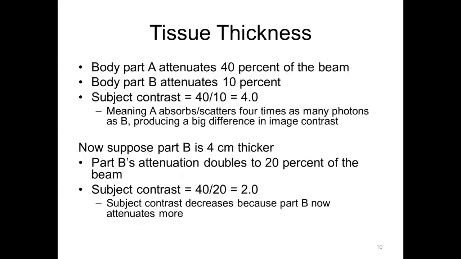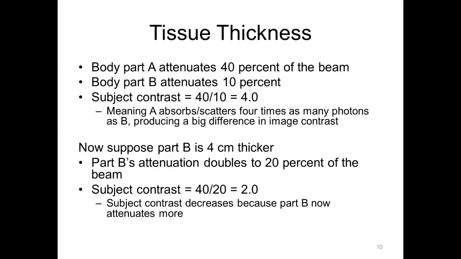So your textbook has an example for part thickness, kind of going back to figures 12.1 and 12.2 in terms of the ratio of subject contrast. So we've got 2 body parts, part A, part B. Body part A attenuates 40% of the beam, which means 60% gets through, but we're just talking about attenuation to determine our subject contrast. So part A attenuates 40% of the beam. Part B attenuates 10%.